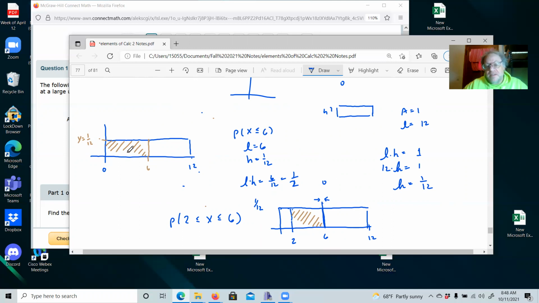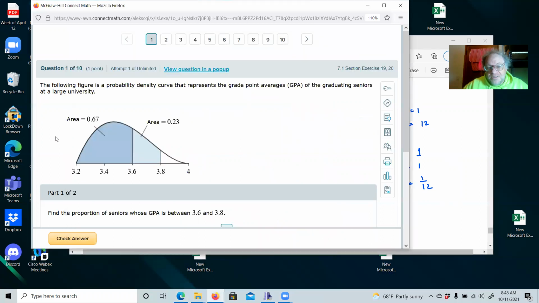All right. So a lot of times, I apologize for this, I will go back and forth between saying computing a probability and computing an area because they are the same thing. Okay. So when I look at this curve here and they say, we have a probability density function of GPAs of graduating seniors, we should all be so lucky.